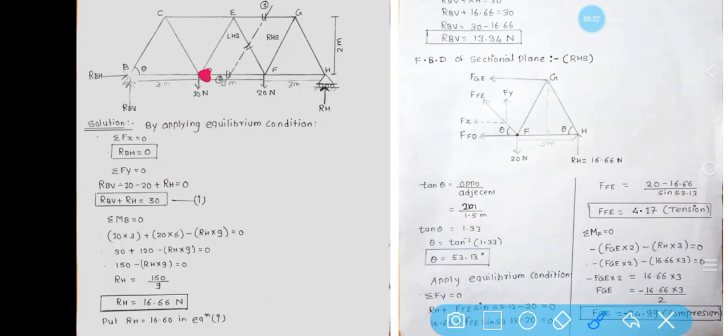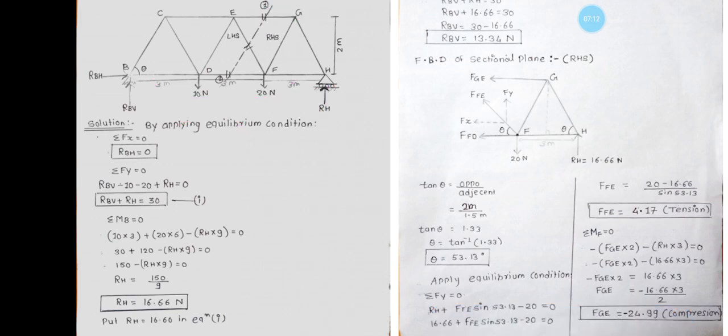So the moment at point D due to the 10 Newton force is 10 into its perpendicular distance, that is 3 meter, and 20 Newton, acting clockwise, into its perpendicular distance, that is 6 meter, and then RH, which is rotating about the point anti-clockwise, at a distance of 9 meter.